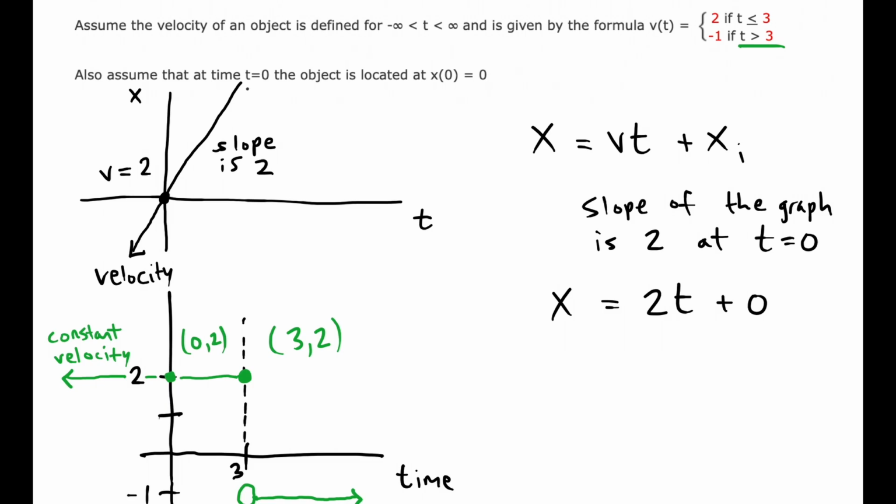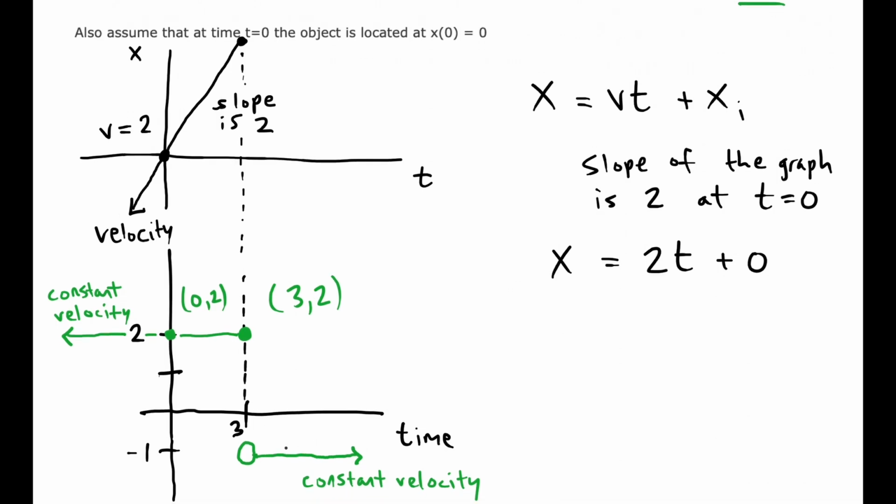However, on the right, there's going to be a sudden change in the velocity at this point. And what does it do after that is the question. So if we look down at the velocity graph, we see that the velocity jumped from a velocity of 2 down to a velocity of -1.